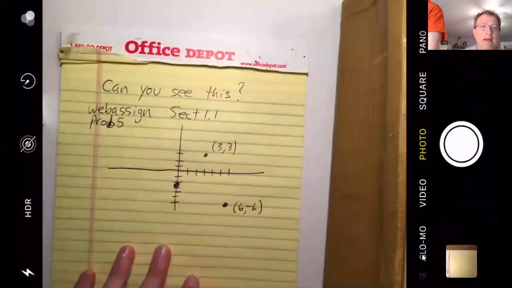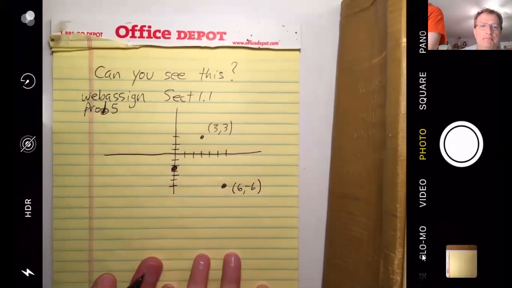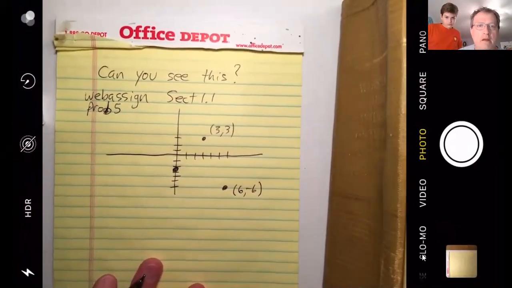We're switching back to camera mode. Okay, can y'all see the problem? Yeah, we can see it.